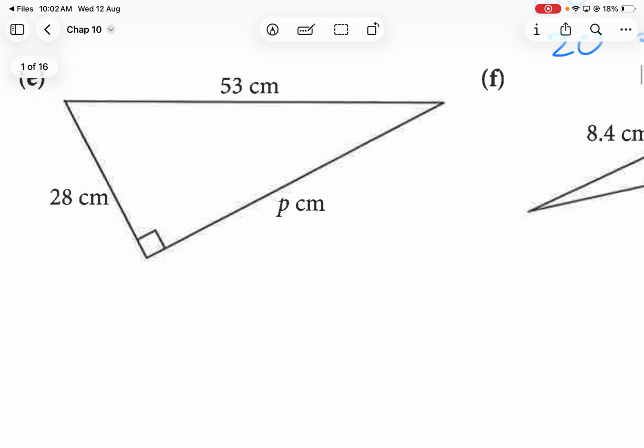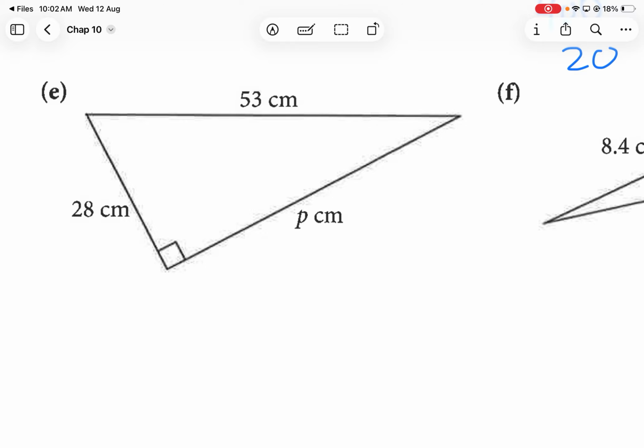For E, which side is the longer side? 53. So 53 square equals 28 square plus P square. It is the same relationship. Every time, same one. Pythagoras, longer side square equals to the other two shorter sides square and added together.